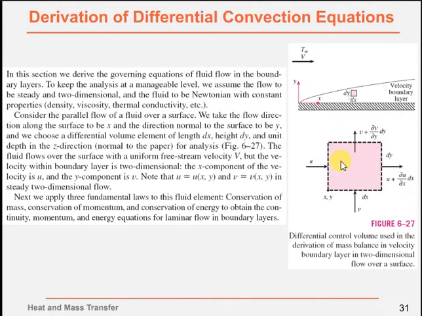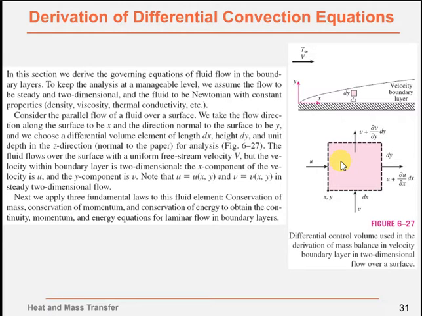We take a small part. This is the control volume, and the length is dx, and the height is dy. So that is the control volume used in the derivation of the mass balance in the velocity boundary layer in two-dimensional flow over a surface.